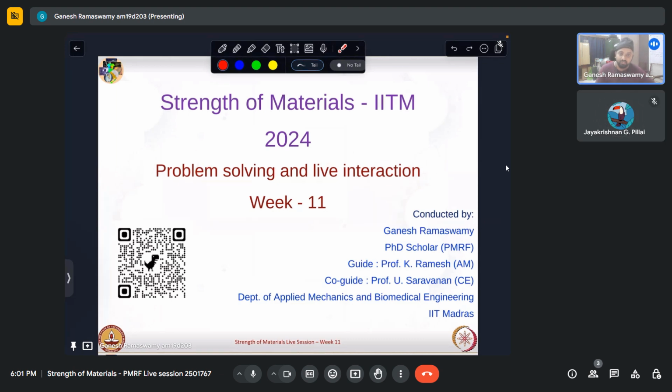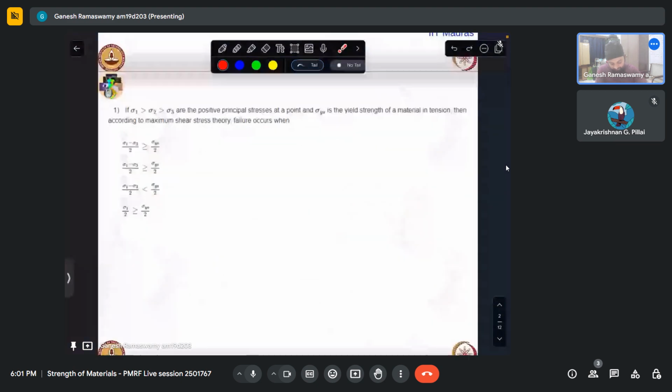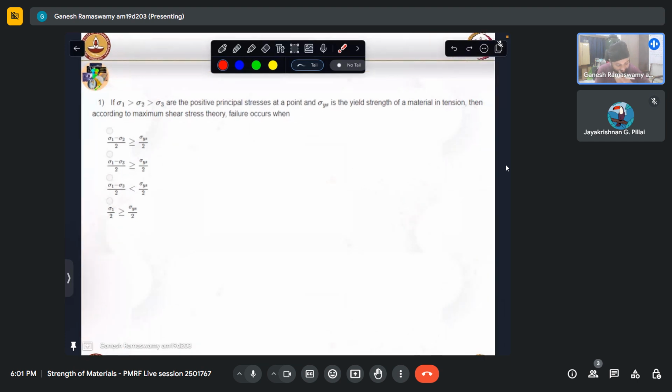All right, so in that case, let me get started. Let us look at the first question of the day. It says: if sigma 1 is greater than sigma 2 is greater than sigma 3 are the positive principal stresses at a point, and sigma ys is the yield strength of the material in tension, then according to the maximum shear stress theory, failure occurs when which of these happens is what is asked.